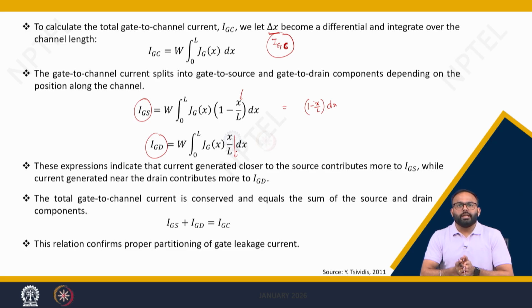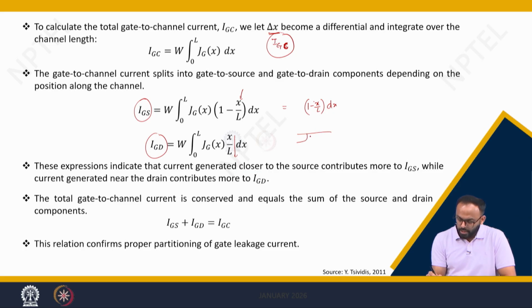These expressions indicate that the current generated close to the source contributes more to IGS, and the current generated close to the drain contributes more to IGD. The total gate current is nothing but IGC equals IGS plus IGD.